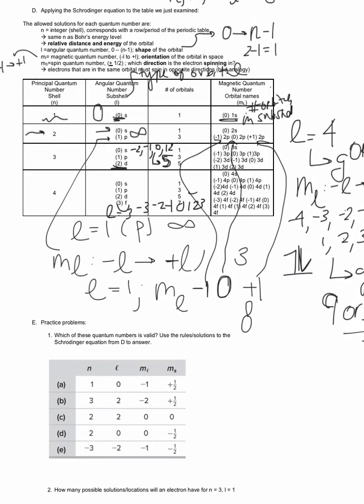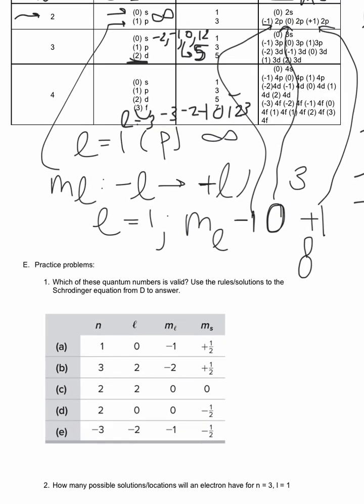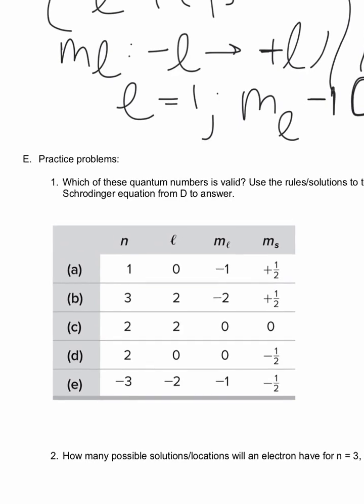Okay. All right. So the next application of this, and you'll be answering a question about this on the pre-assignment for Friday, is using those rules. How do we know which quantum numbers are valid? If we have n equals 1, that means we're at shell 1. And if we're at shell 1, our L can only equal n minus 0 to n minus 1, which means we can only have a value of 0.